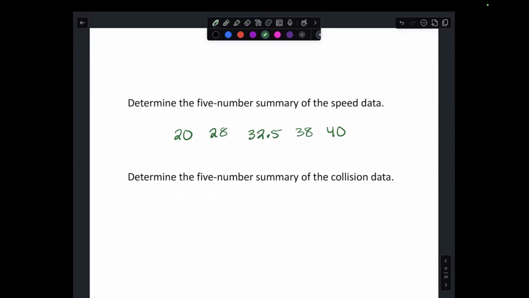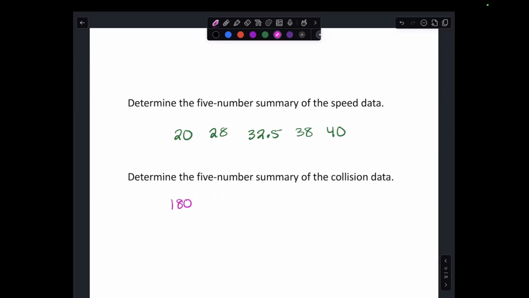Let's do the 5-number summary of the collision data. The lowest number of the collision data. Once again, I need to pull up my data. This isn't when it's nice to have 2 computers. My lowest number for the collision data is 180.